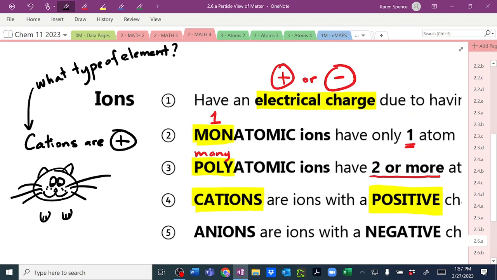Metals and nonmetals. So is it the metals or the nonmetals that make cations? It is the metals. Now, anions, of course, are negative.